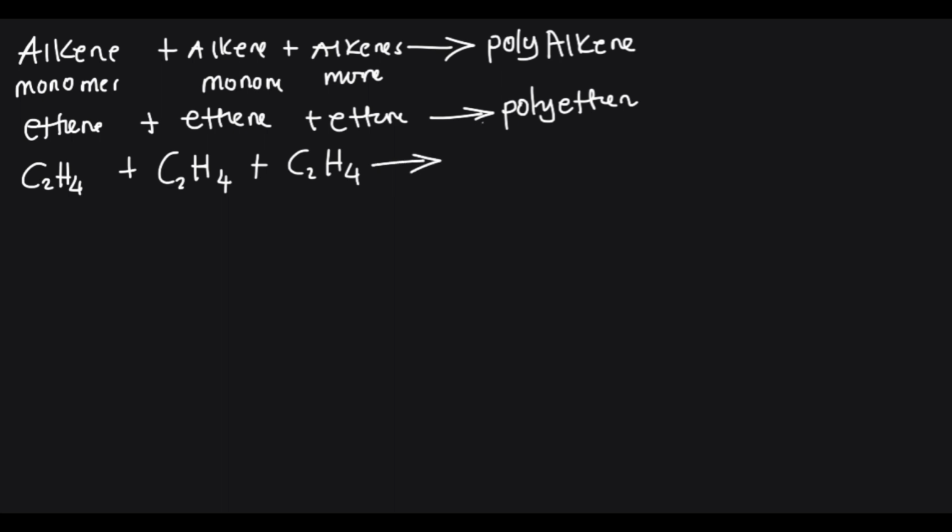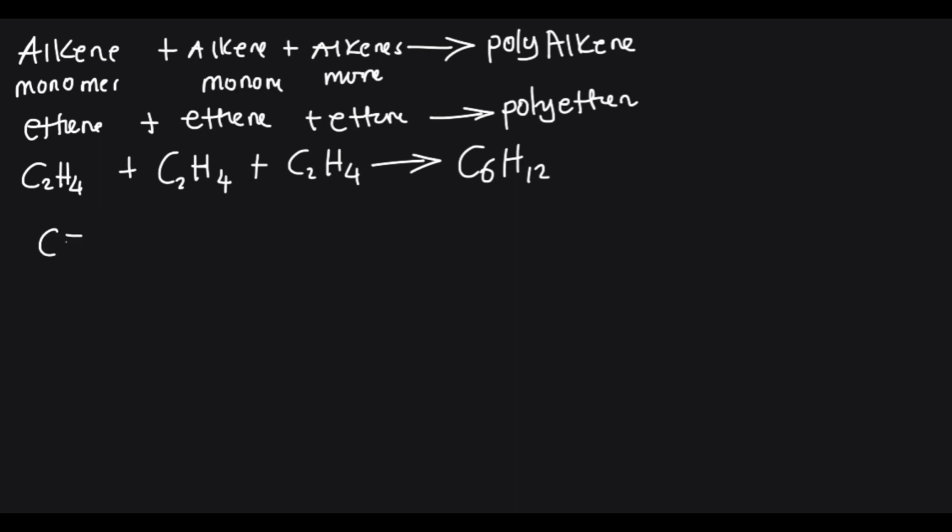Then how do you write the chemical formula for a polymer? We first add the number of carbons together. We can see that we have 2, 2, 2. So the total number of carbons for these 3 ethenes is 6 atoms of carbon. Then let's add the hydrogen. We have 4 plus 4, 8 plus 4, 12. So we have 12 atoms of hydrogen.